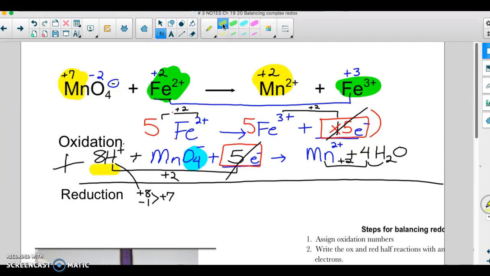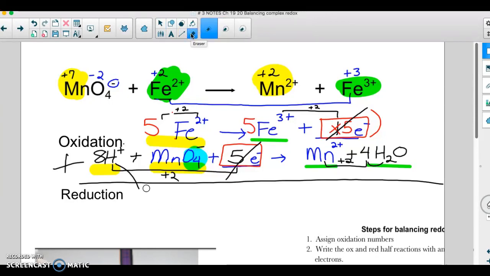I've got the 8 hydrogen ions. I have that permanganate ion, and I have the 5 iron plus 2s. And on the product side, I'm going to have the 5 iron plus 3s, the manganese plus 2, and the 4 waters. So I'm just going to transfer that down, and I'm going to move this so that you guys can see it.